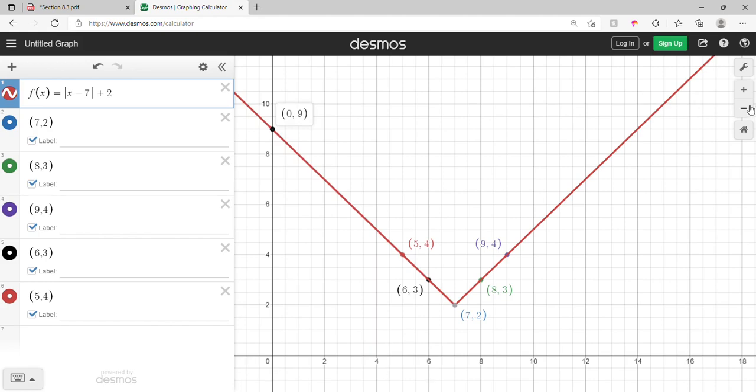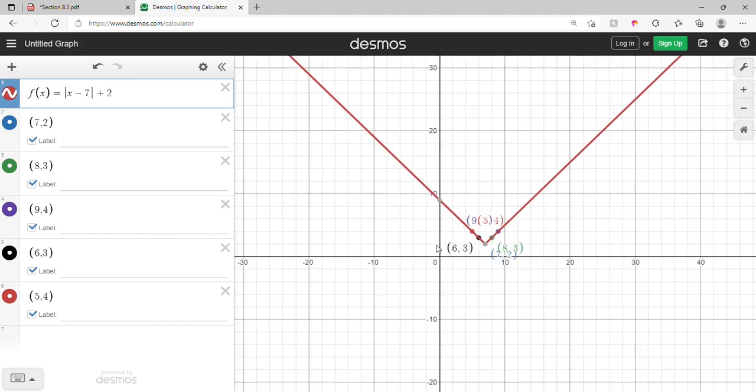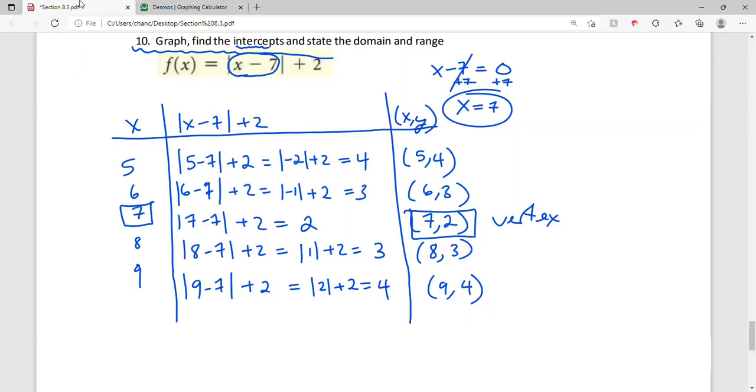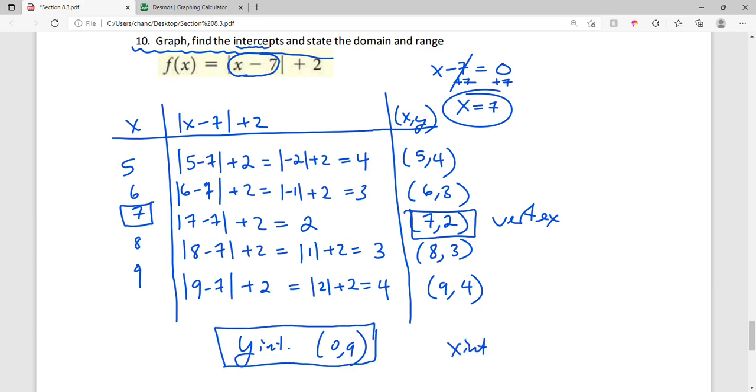But if you zoom out, there is no x-intercept. So I can answer some questions here. The y-intercept is 0, 9, and we got that from Desmos by looking at the graph. And there is no x-intercept. So the x-intercept, I'm just going to write there is none.